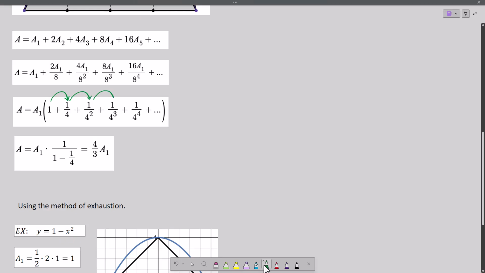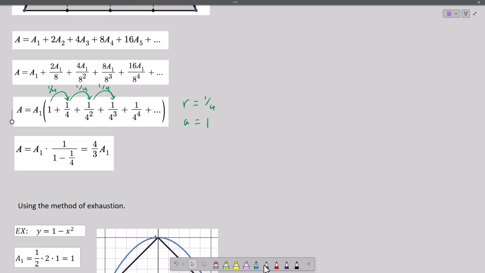What are you multiplying from one term to get to the next? 1/4. So your R value is 1/4. You do continuous multiplication by 1/4. So this is a geometric series with R equals 1/4. And the very first term in this geometric series is 1. And that's all we need.